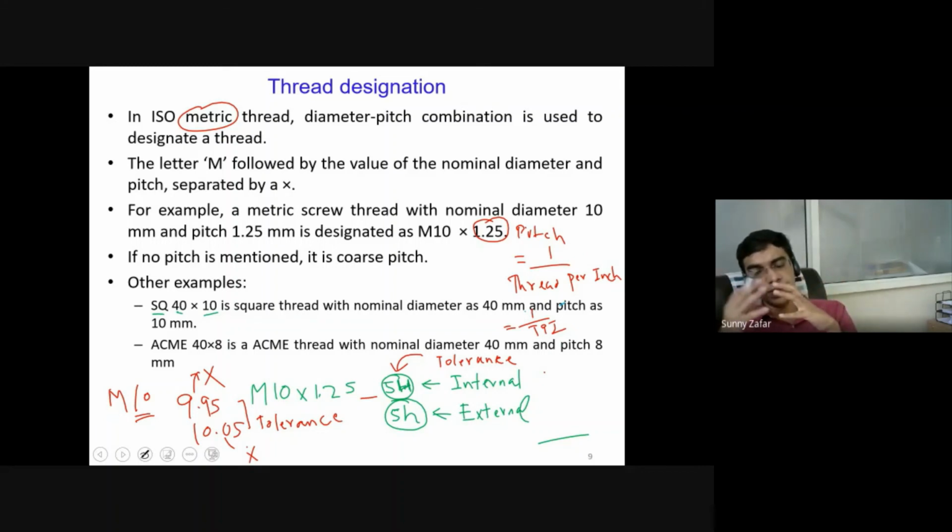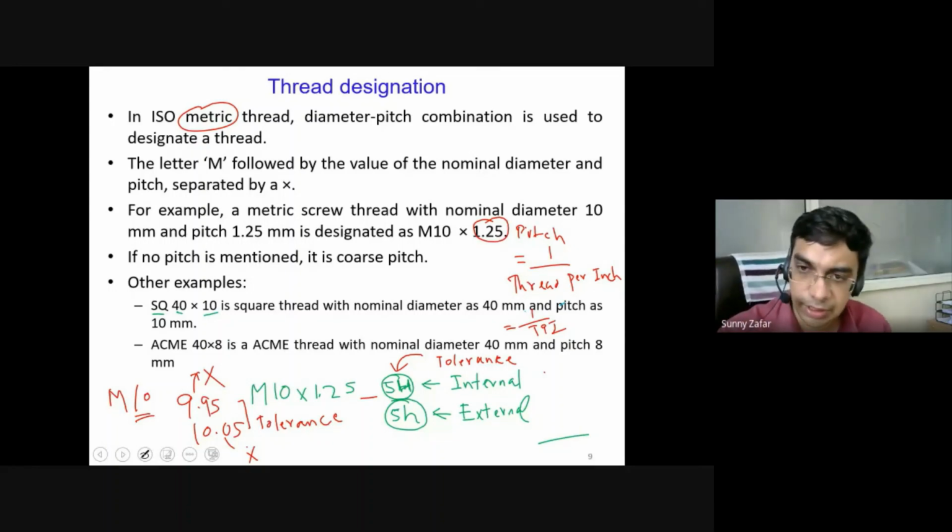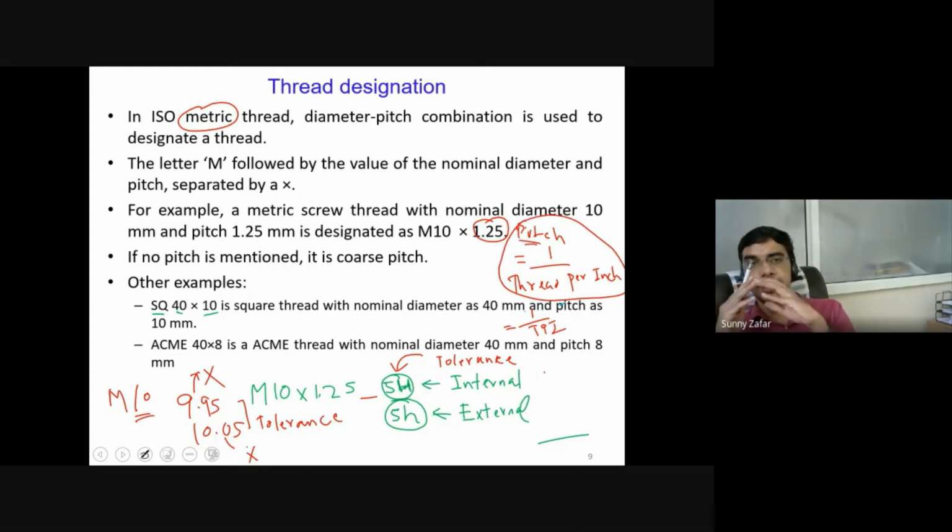If higher number of threads are there in 1 inch, this means the pitch is very small. And if the number of threads is less, of course the pitch will be on the higher side. So this is another important thing to understand: the pitch of any threaded fastener is equal to 1 over threads per inch, abbreviated as TPI.